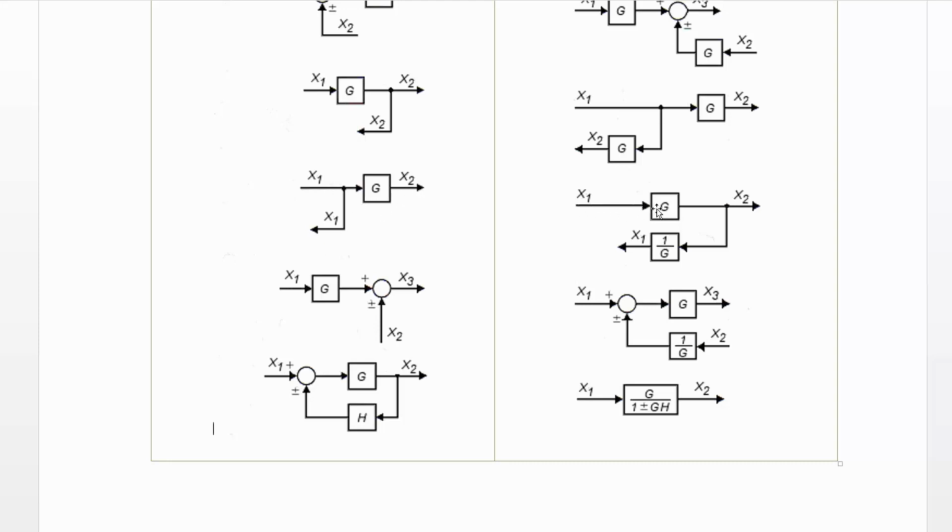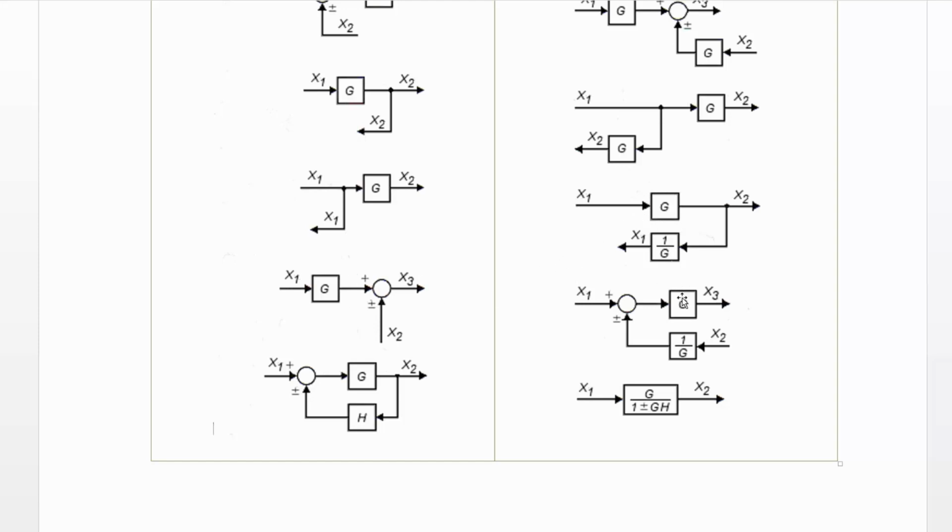So X1 goes through G, then here's X2 out, then you pick up past here at X2 and divide by G. When this goes through the feedback loop and comes back through, it'll be G over G, and it'll still be 1, and there'll be no gain in this besides the gain that's in the system.